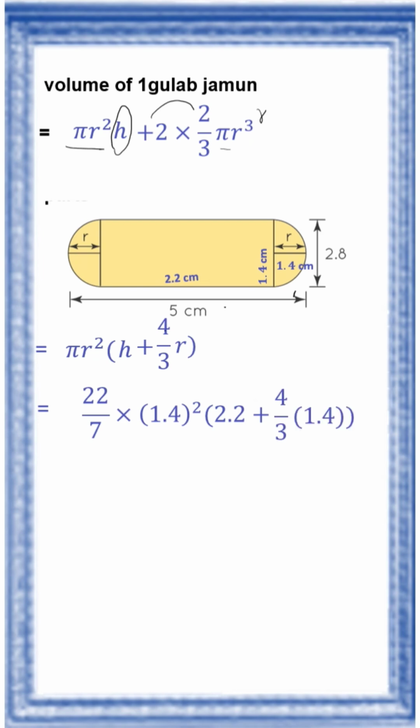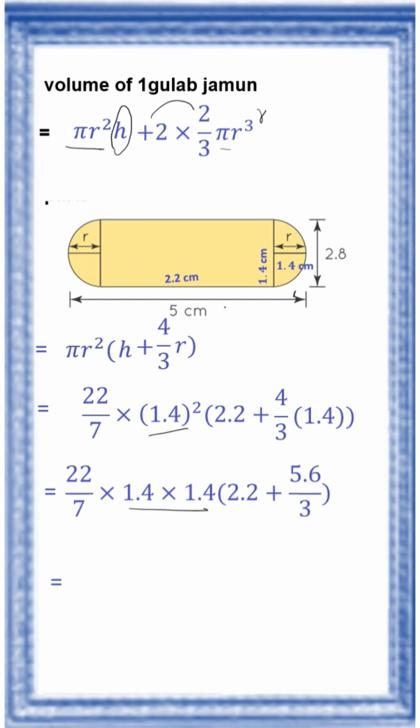Now that is equal to 22 by 7 into 1.4 into 1.4, this is 22 into 0.2 into 1.4, into 2.2 plus 5.6 by 3. Now we can cancel here, 7 ones are 7, 7 twos are 14. Here we can take LCM, this becomes 6.6 plus 5.6 by 3.